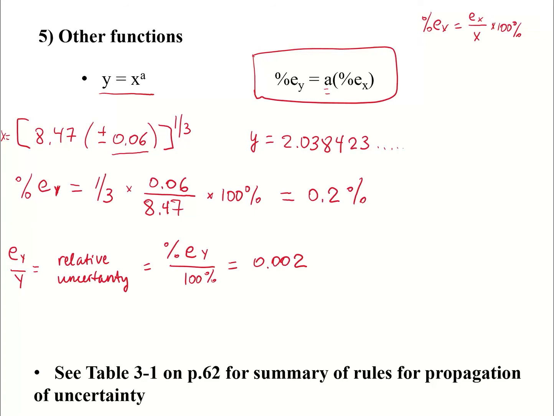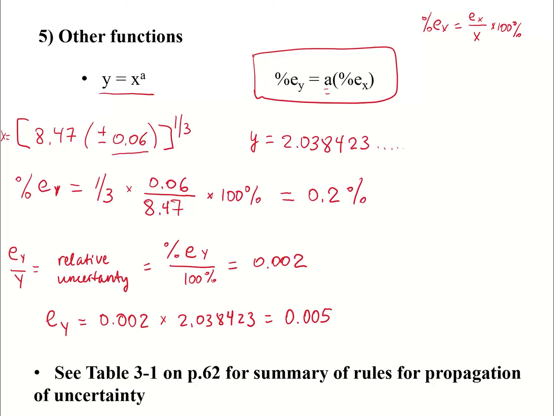So to calculate my absolute uncertainty, I'm going to take relative uncertainty, 0.002, and multiply it by the y value, 2.038423. Now this gives me the following value. I'm rounding to one significant digit, 0.005.